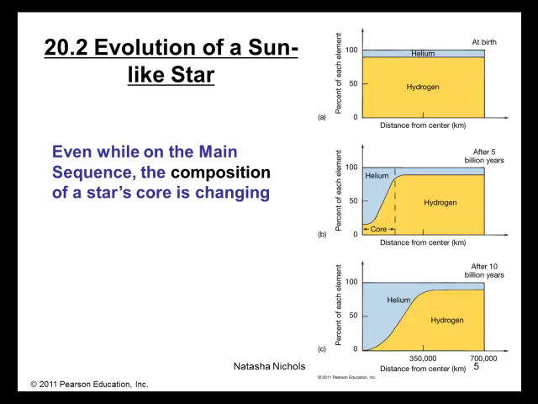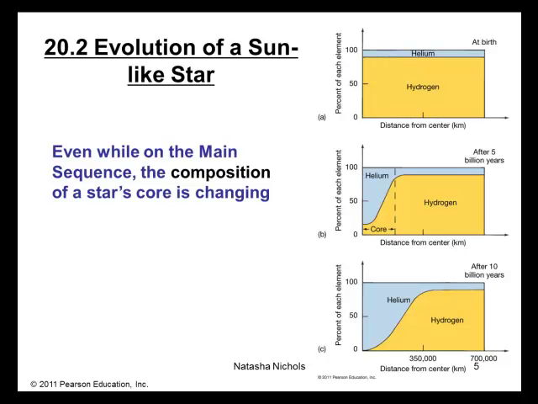Even while on the main sequence, the composition of a star's core is changing as it fuses hydrogen into helium. In the graph on the slide, we see hydrogen represented in yellow and helium in blue, and the graph shows the abundances of the two.